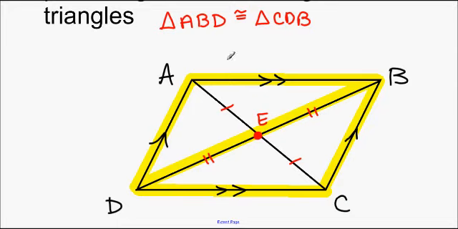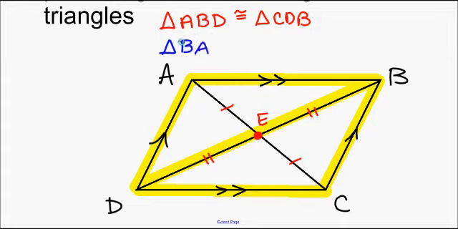And also, we could say triangle BAC is congruent to triangle DCA. Wait, not DCB, sorry.